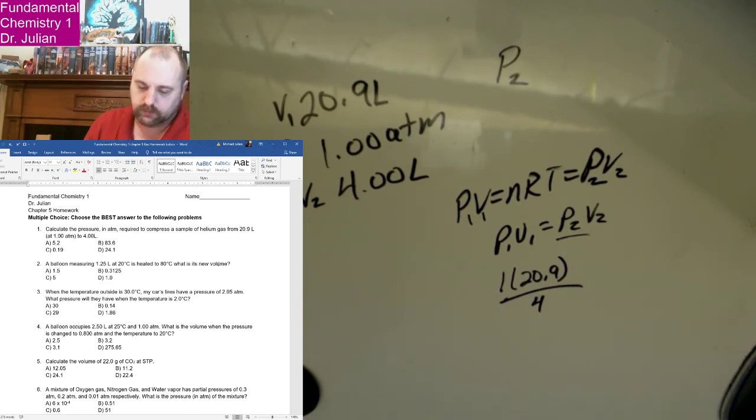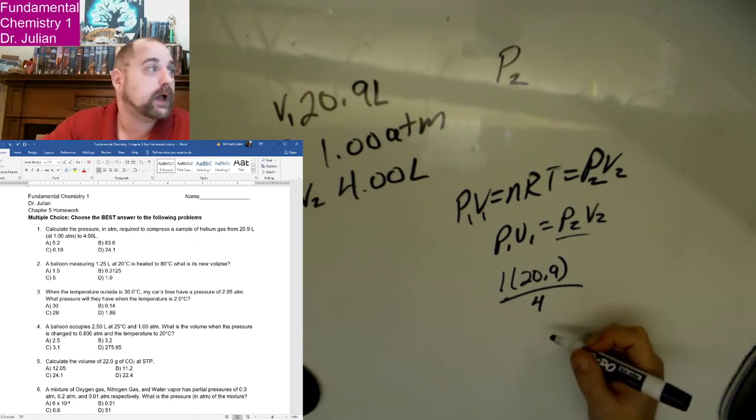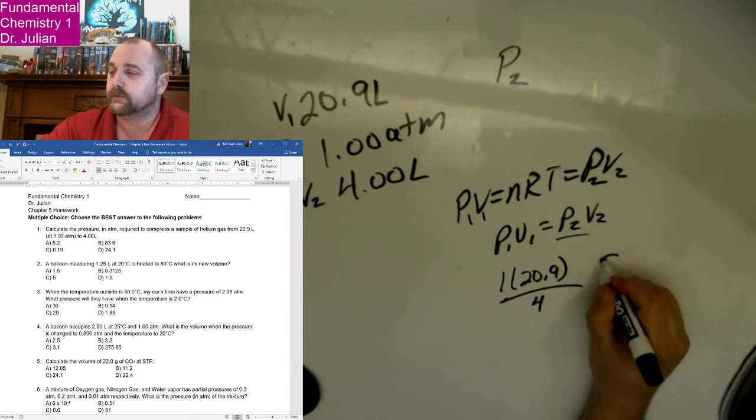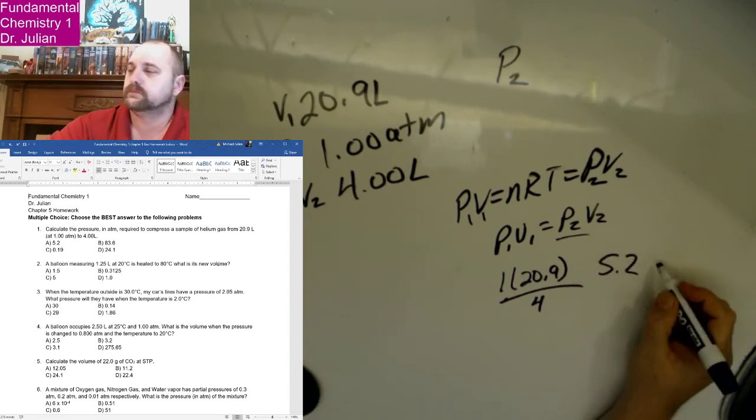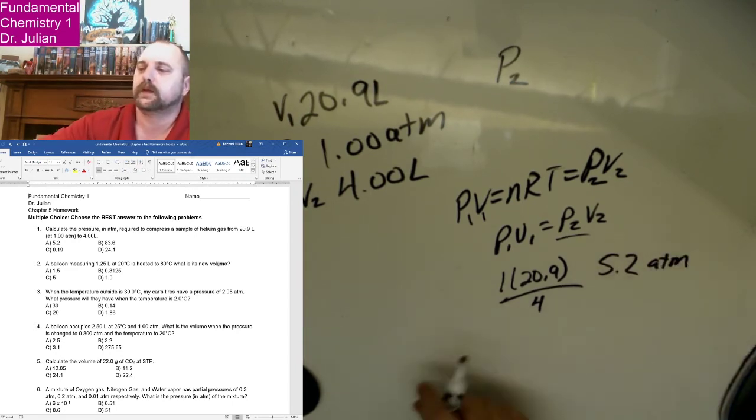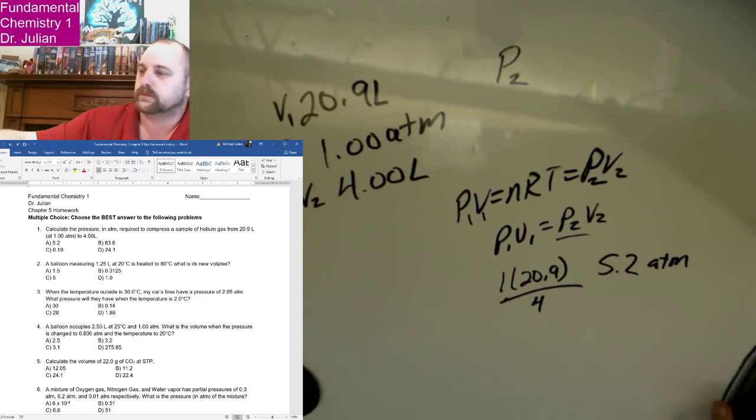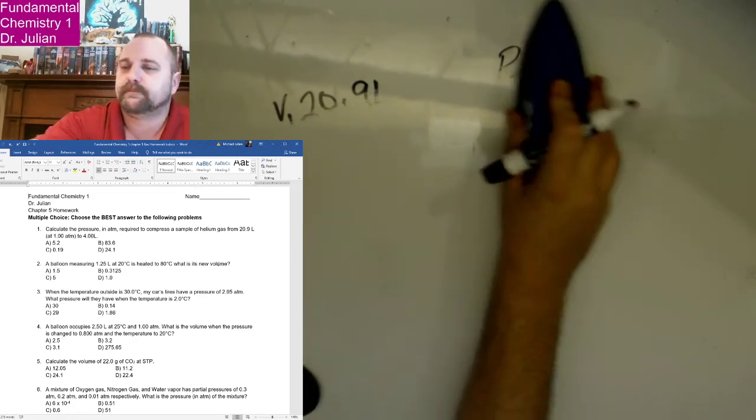Let's see, 20.9 divided by 4 is 5.225. So A, 5.2 atmospheres. Okay, there's number 1 done.